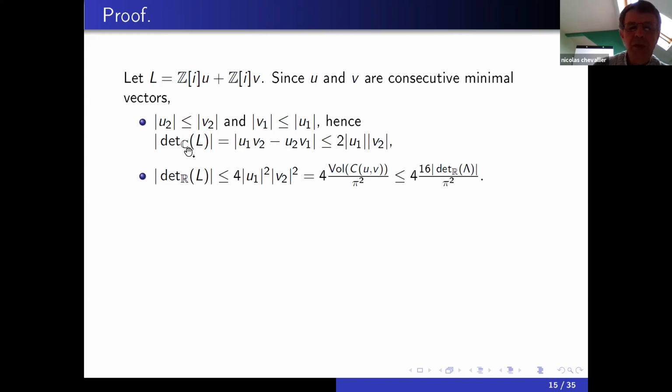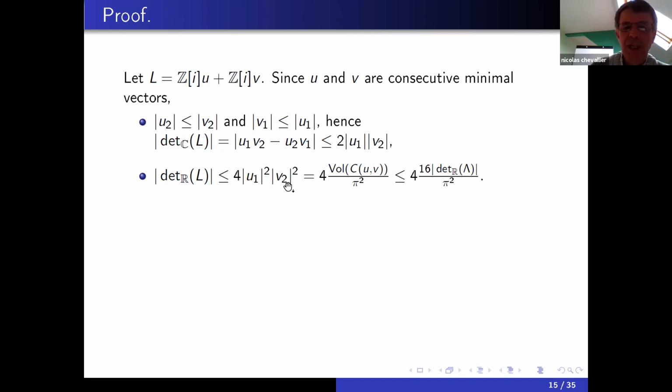So if we compute the determinant of the lattice L, we find this, and this is smaller than 2 times these terms, so smaller than that. Now, the real determinant of the lattice L, the absolute value of this determinant, is just the square of the modulus of the complex determinant. So this is smaller than 4 times this product.